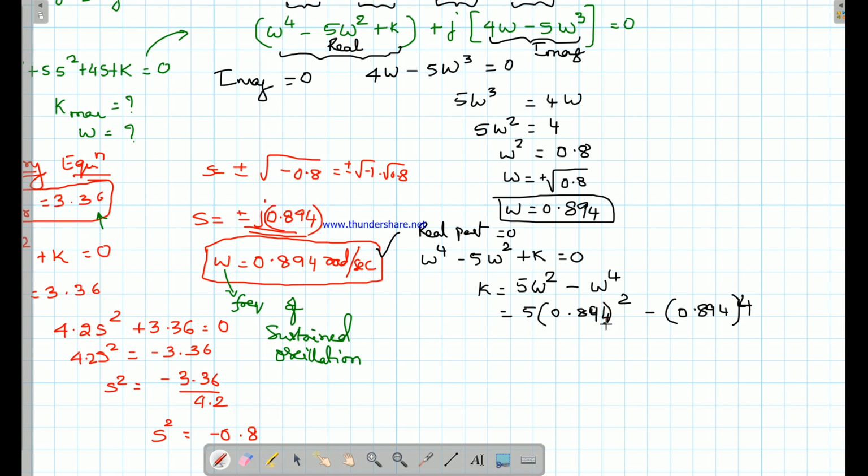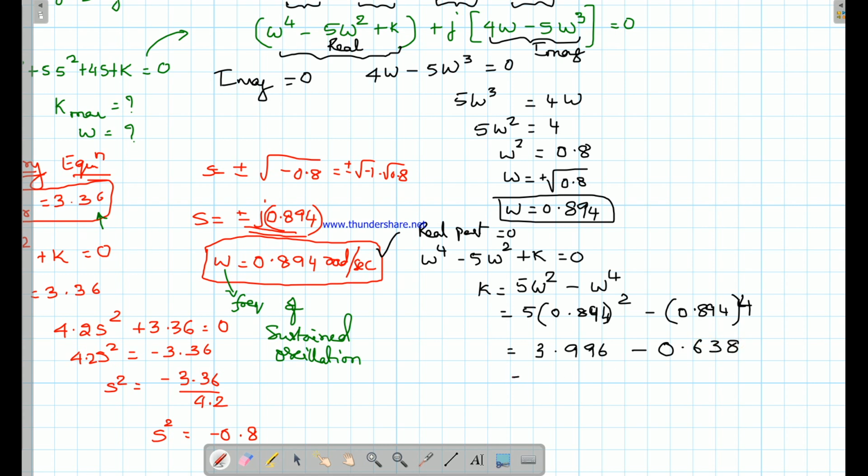So if I do this, 5 into 0.894 square will give you 3.996, minus 0.894 to the power of 4, so I'll be getting 0.638.